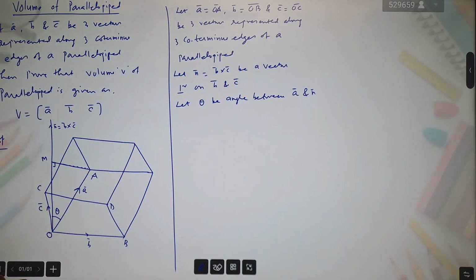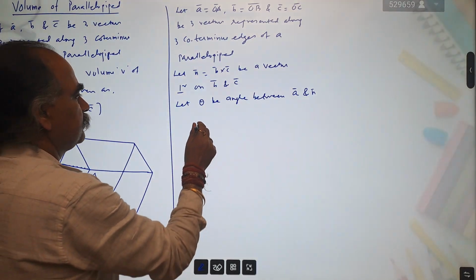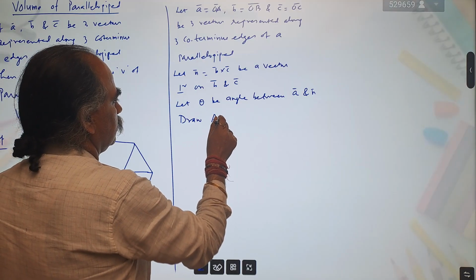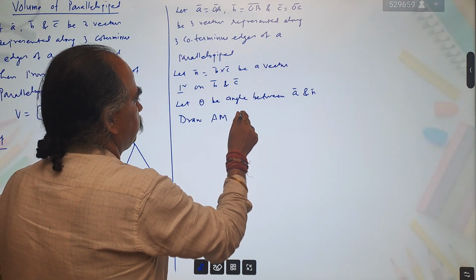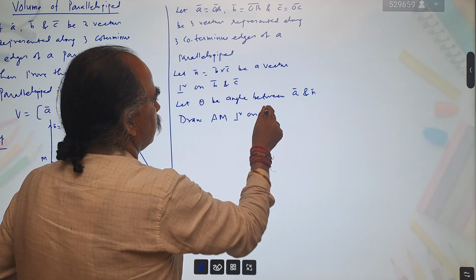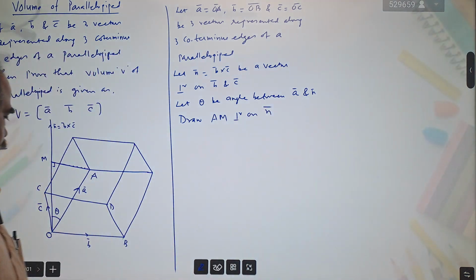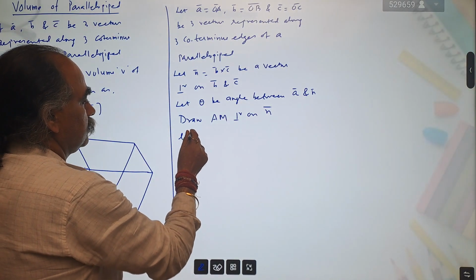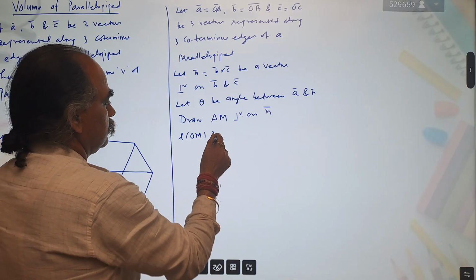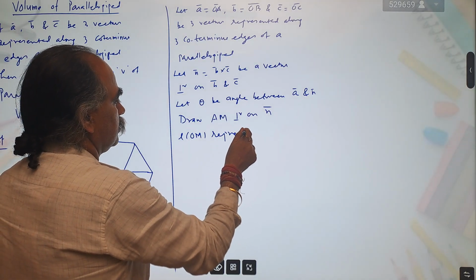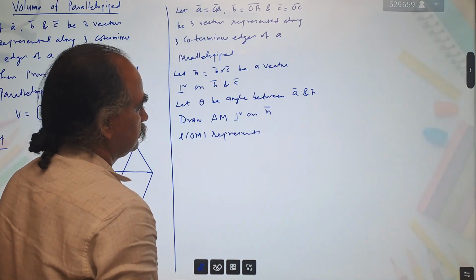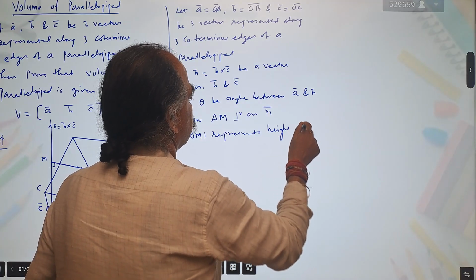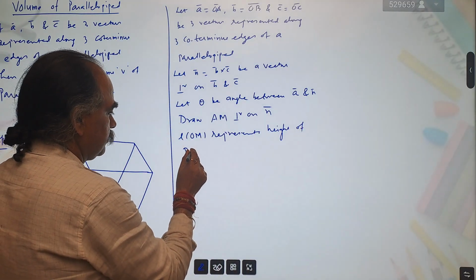Theta is angle between A bar and N bar. Draw AM perpendicular on N bar. So length OM represents height of parallelepiped.